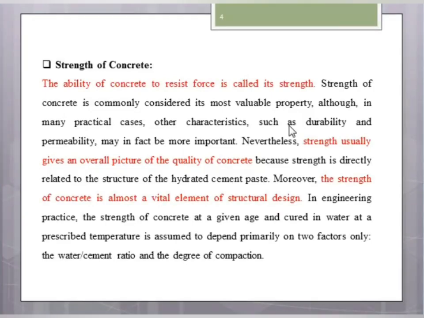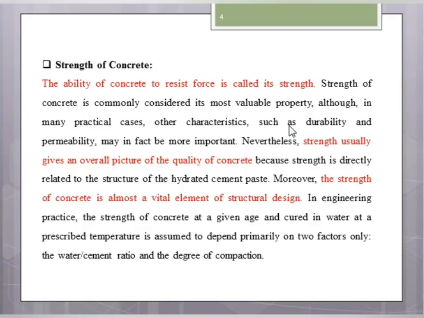As we have seen earlier, early strength and long-term strength, that is 3 days, 7 days and 28 days. And at 28 days strength, we consider complete hydration. Okay. Moreover, the strength of concrete is almost a vital element of structural design.